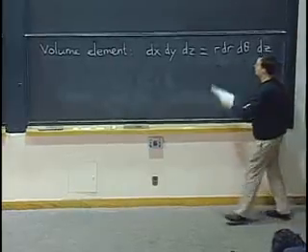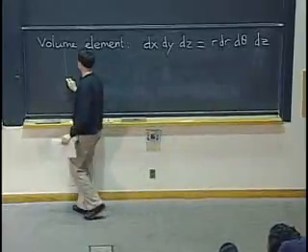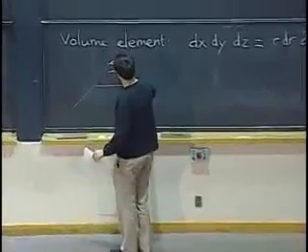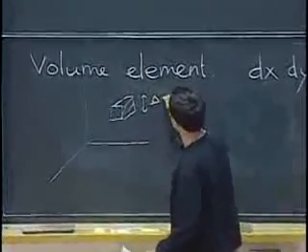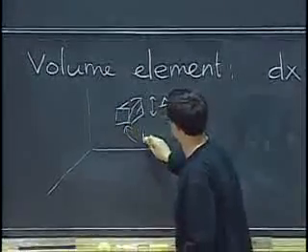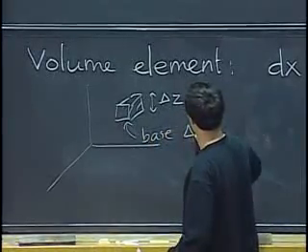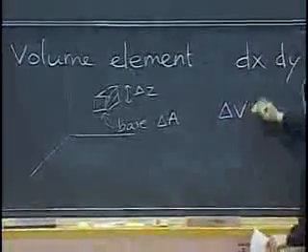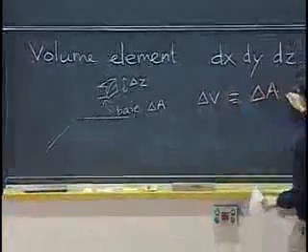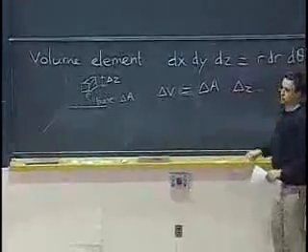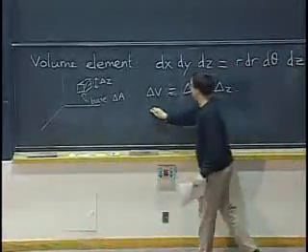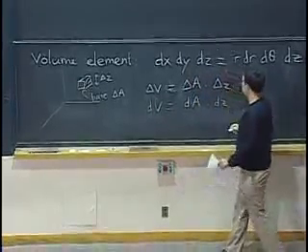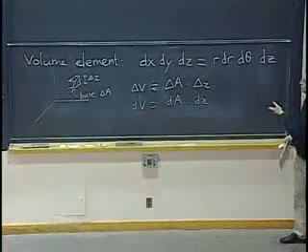The way to think about it, if you want, is that if you take a little piece of solid in space, it has some height, delta z, and a base which has some area, delta A, then the small volume, delta V, is equal to the area of the base times the height. Now when you make things infinitely small, you get dV is dA times dz, and you can use whichever formula you want for area in the xy plane.